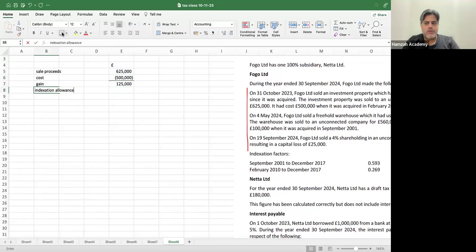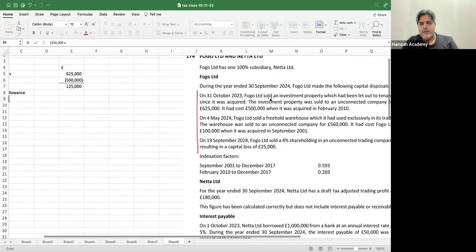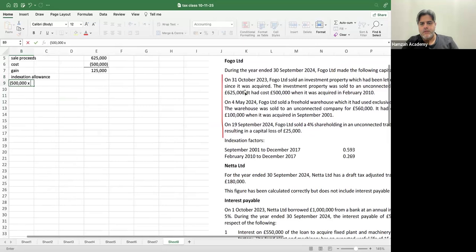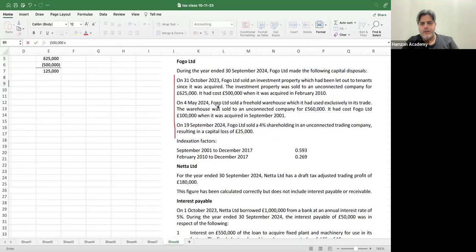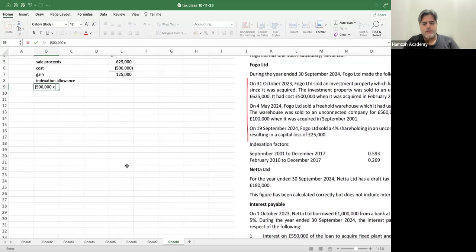Now, the indexation allowance that I'm going to have over here is 500,000 into the first one, for the property which had been let out, acquired in February 2010. So this one, 0.269.